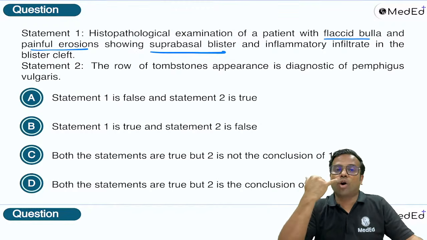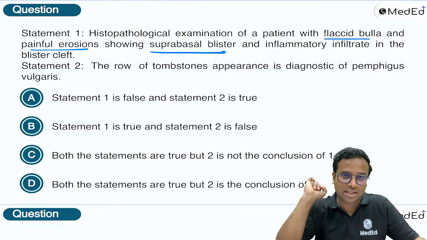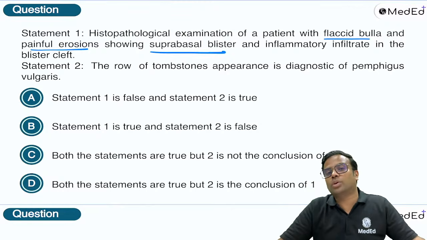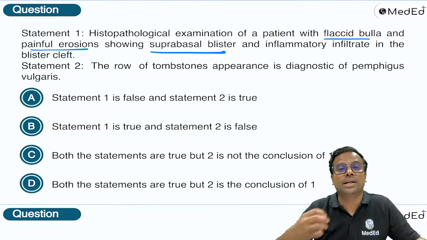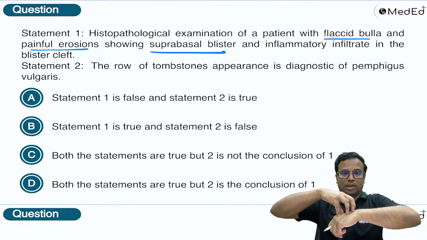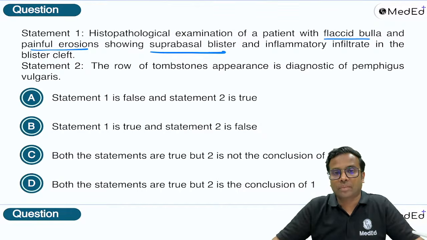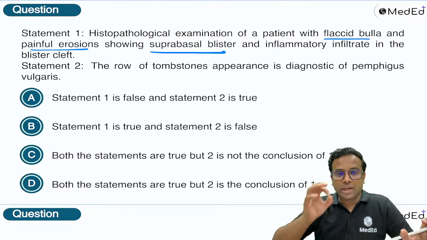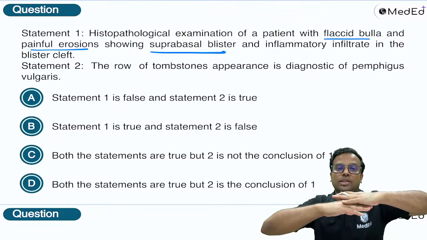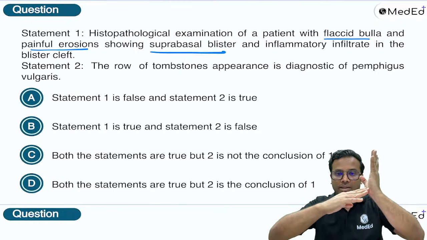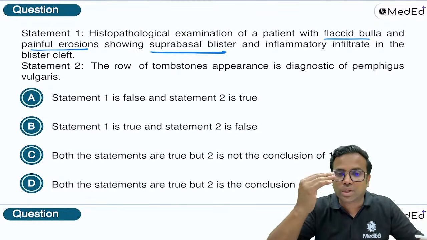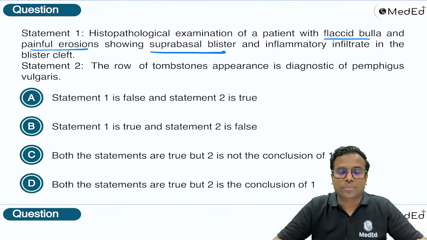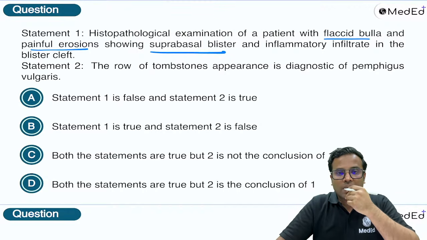The patient will have oral mucosal erosions first. Followed by these oral mucosal erosions, the patient will come to you with a flaccid bulla, meaning a bulla which is so easy to break. And when you do a histopathology, you can see there is a suprabasal split. Suprabasal means above the stratum basale. That is what you can see, right?